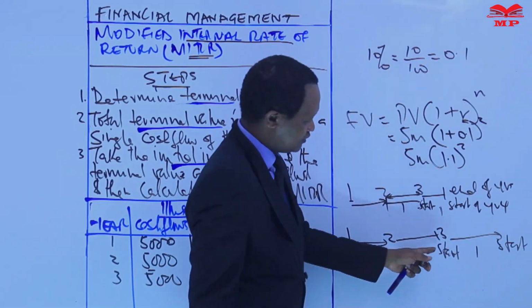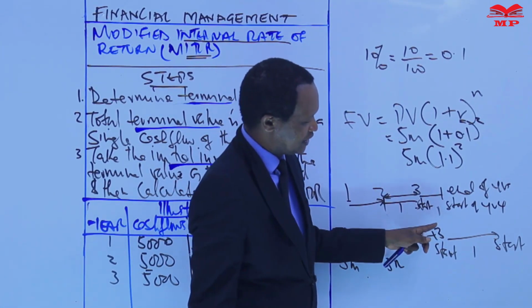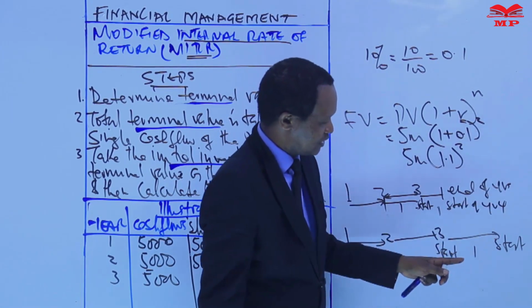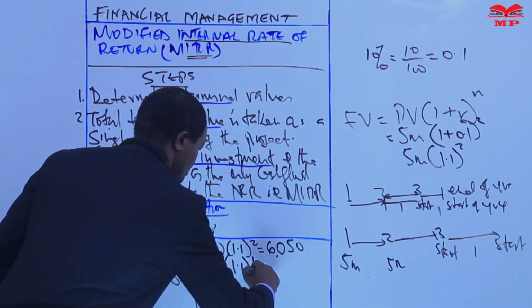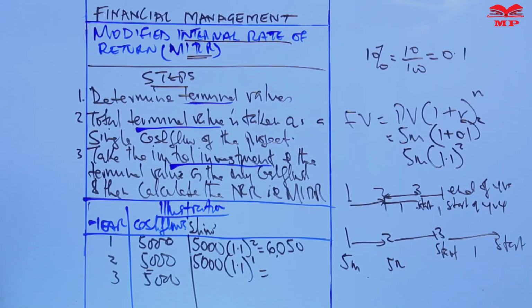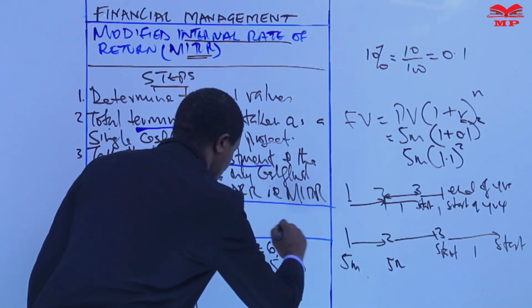So the money was received here at the start of year 3, then it ends at the end of year 3. So it is only 1 period. That's why here we raise it to 1. 5.5 million.